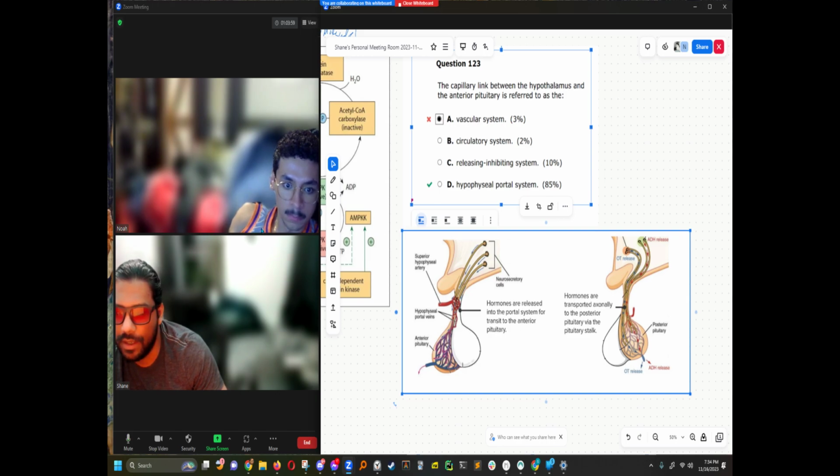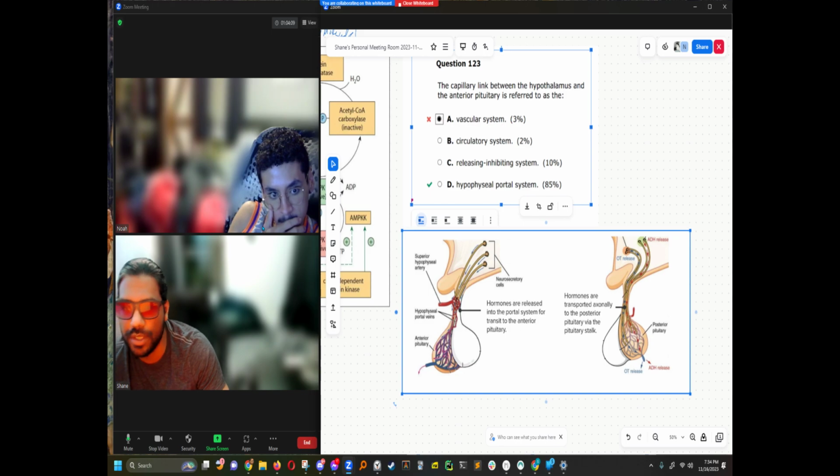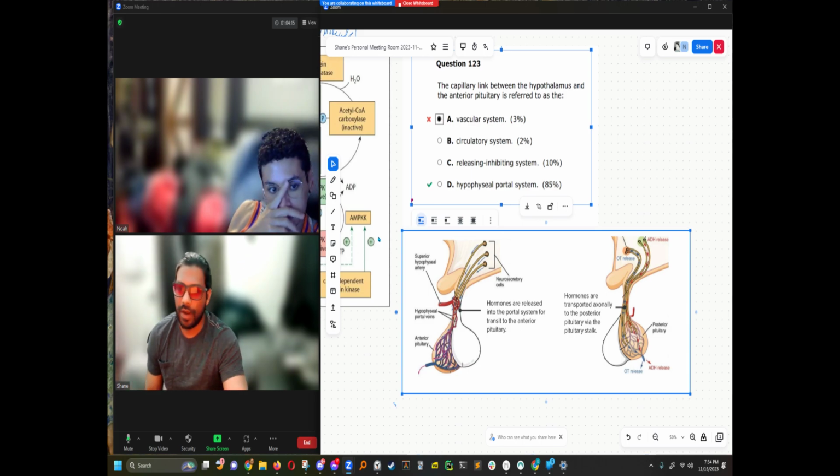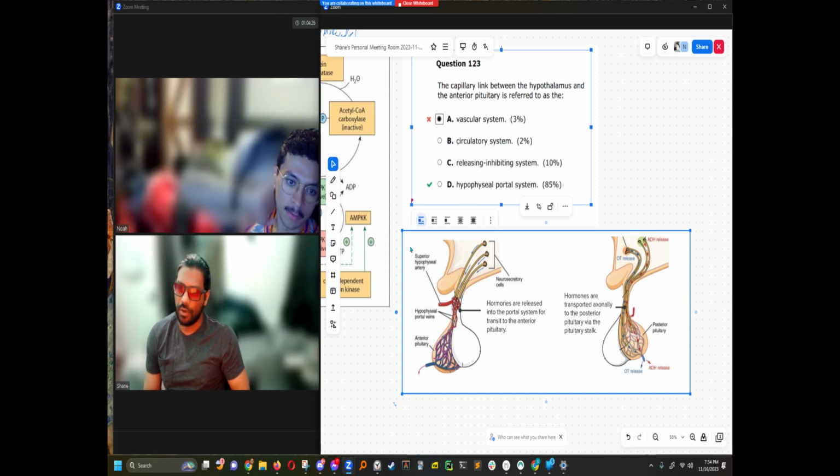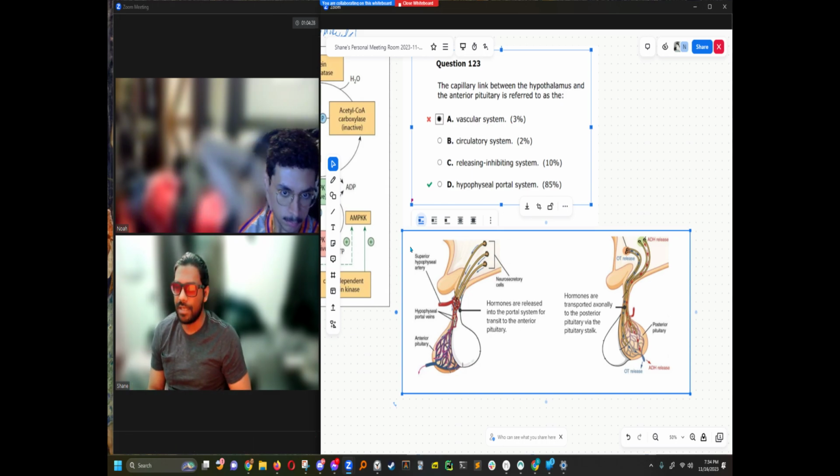That just means that when the releasing hormones get released from the hypothalamus and enter the anterior pituitary, they do so through blood vessels. Whereas when hormones from the hypothalamus go to the posterior pituitary, they are simply released from the neurons. So that's the main difference here.